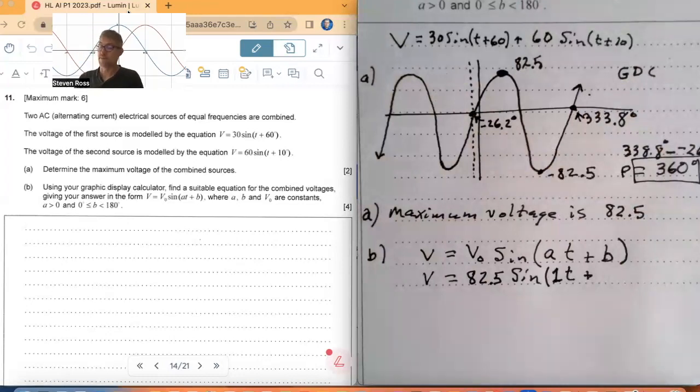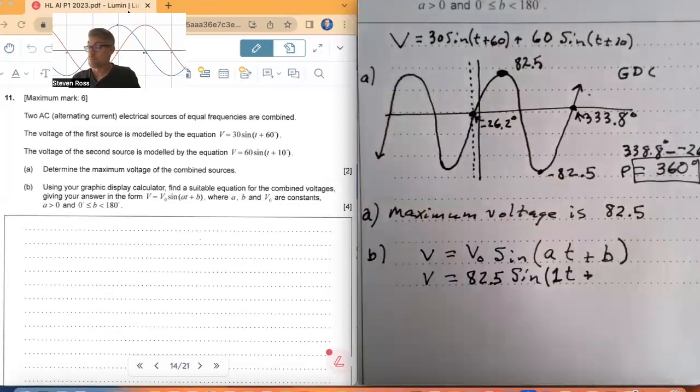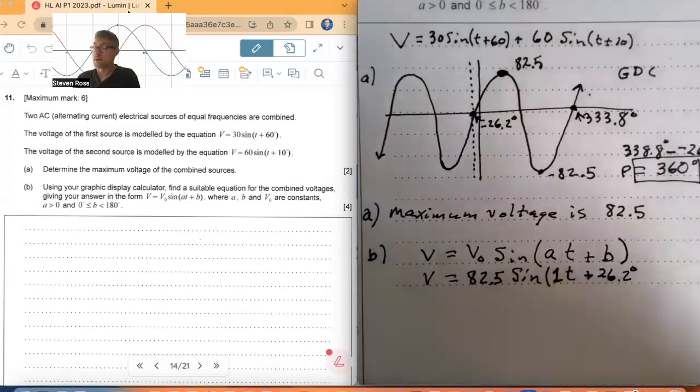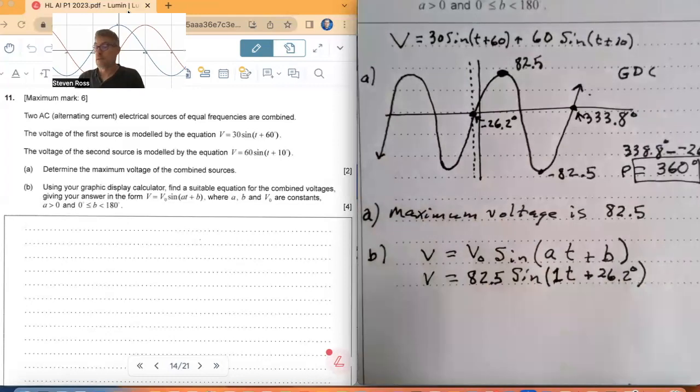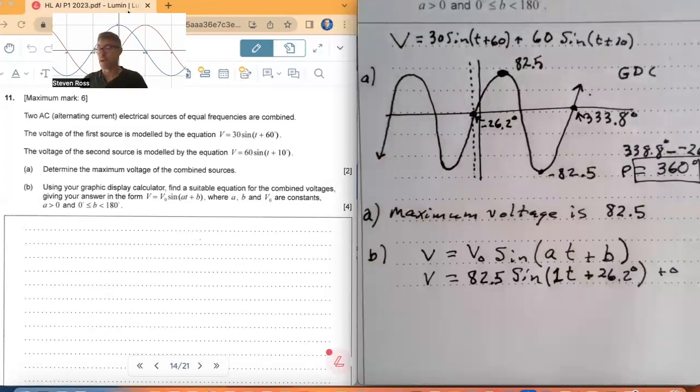So it's like I have a virtual starting point or a virtual y-axis. And so minus a negative is 26.2 degrees. If I add 26.2, that's going to make it go to the left. And I've already shown that my midline is equal to 0, like it's not gone up or down.